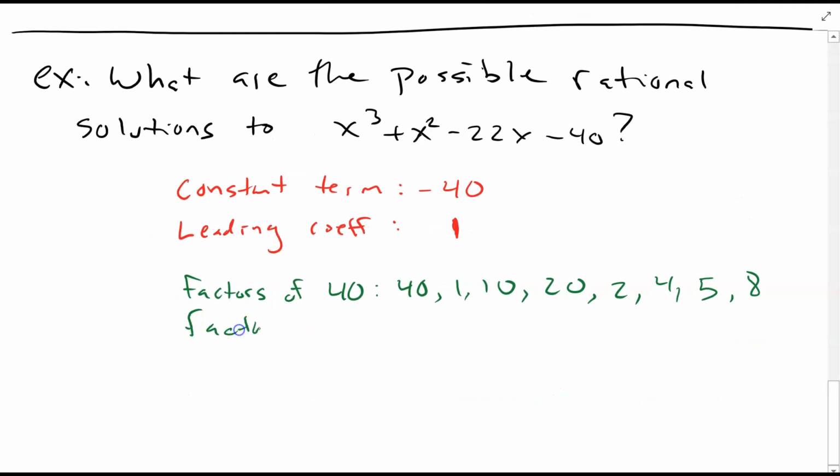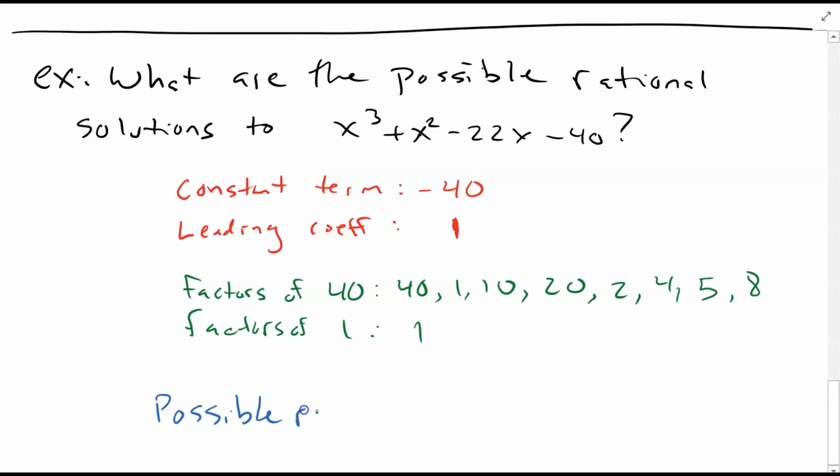Then I'm going to list the factors of the leading coefficient. What are the factors of 1? Just 1. Okay. Now I have everything I need.